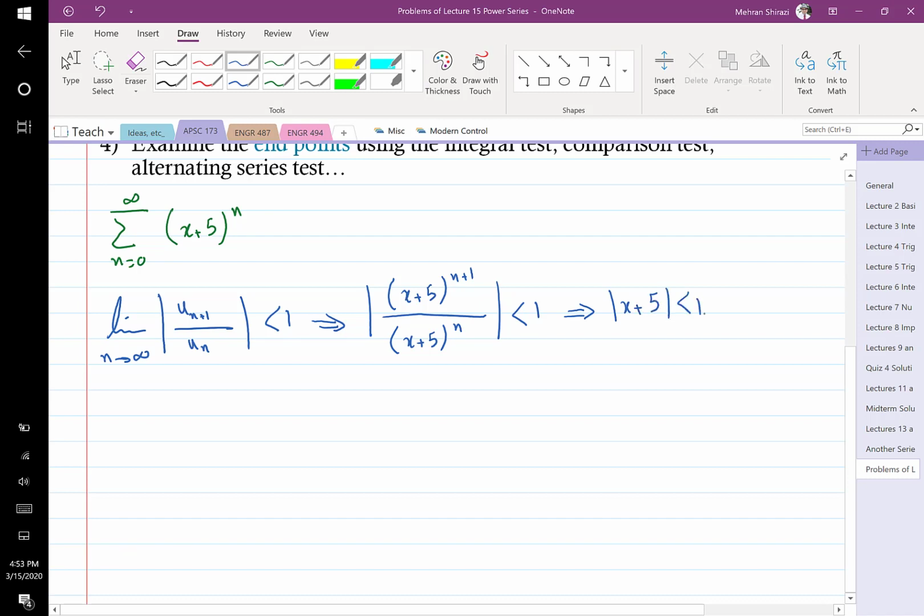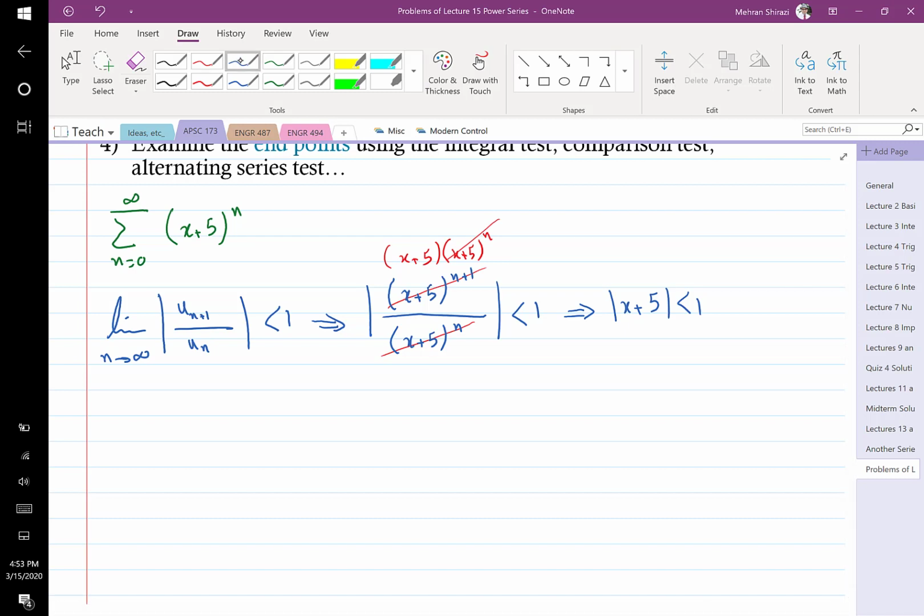Why? Because this is cancelled, this is cancelled, and this is reduced to x plus 5. In case it's not clear, we can write this as (x plus 5) times (x plus 5) to the power of n, and then this is cancelled with the denominator, and x plus 5 is left.